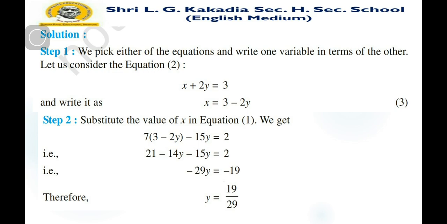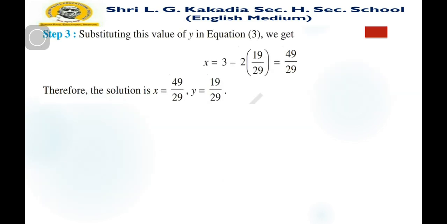So step number 3, substituting this value of y in equation number 3, we get x is equal to 3 minus 2 into 19 by 29, and after solving these terms we get 49 by 29. Therefore the solution is x is equal to 49 by 29 and y is equal to 19 by 29.